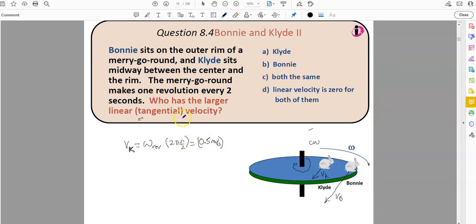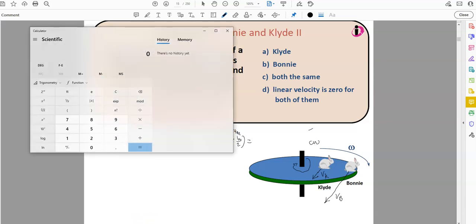And let's say this is a 1 meter wheel, just to keep things easier. So Clyde is moving at 2 pi times 1 meter divided by 2, or a half meter, which is going to be 3.14 meters. So Clyde is going to be moving at half of 3.14. So 3.14 divided by 2 equals 1.57.